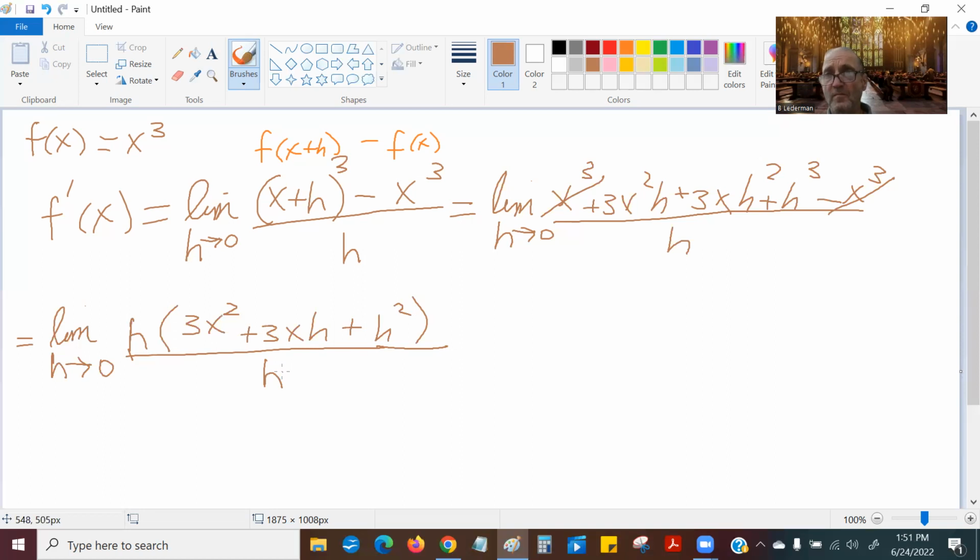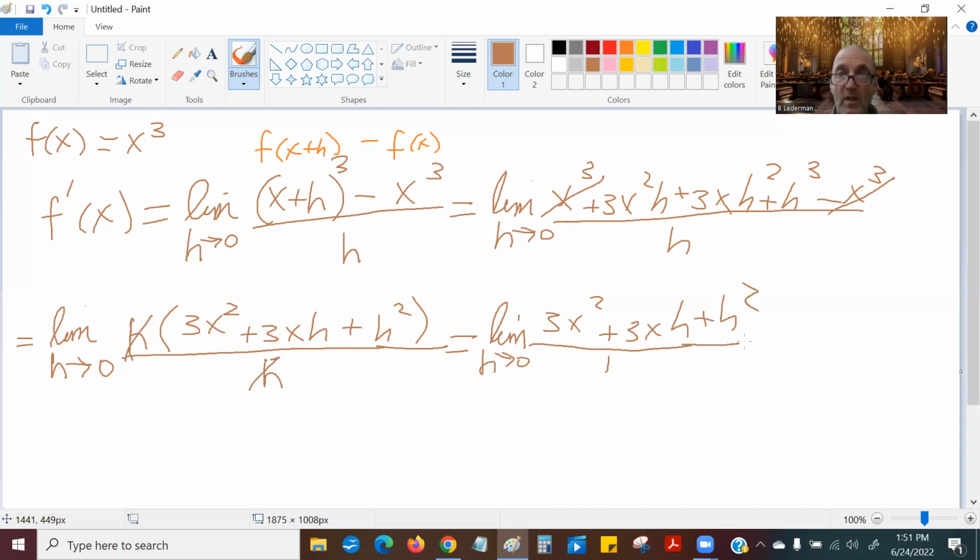Now I have an h here and an h there that cancel. So this is equal to the limit as h goes to 0 of 3x squared plus 3xh plus h squared.